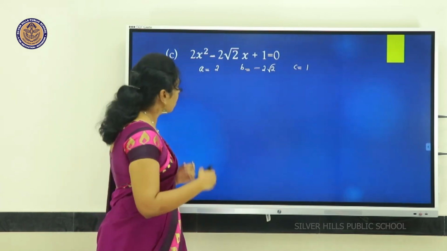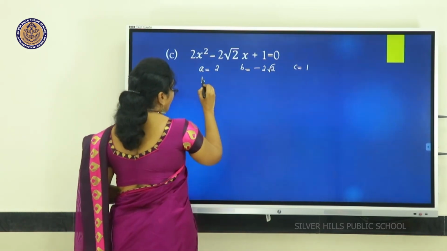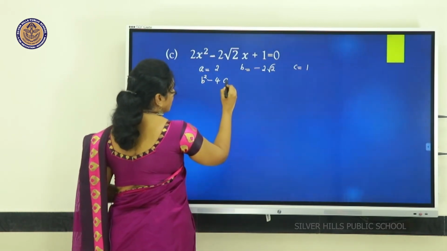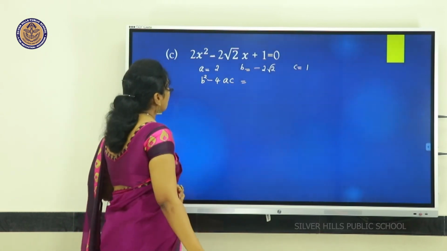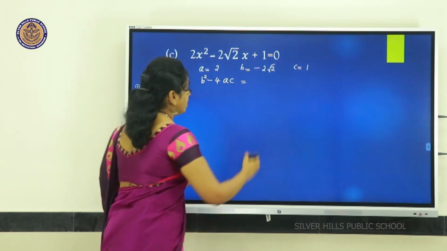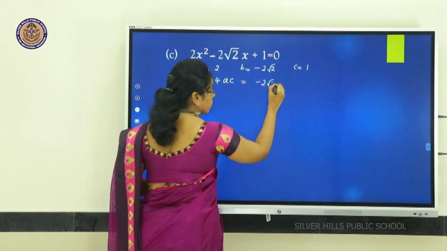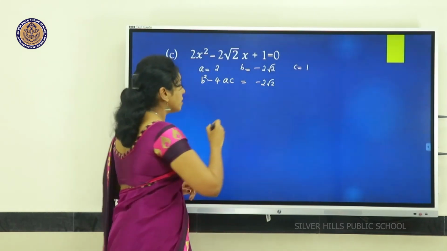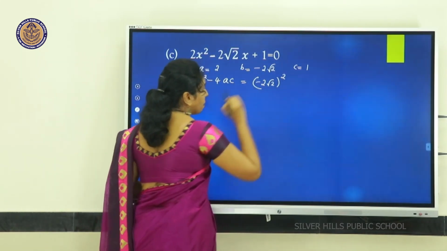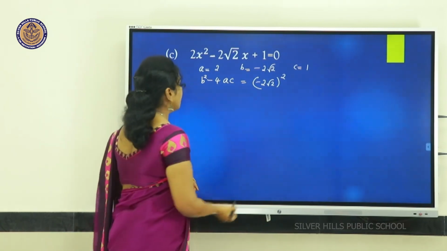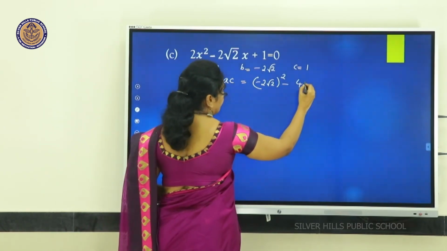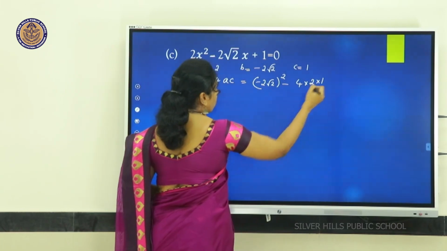And as we did before, we are going to find b square minus 4ac, that is equal to b square. See, I'll just write minus 2 root 2 because whenever root comes, you have a tendency to make mistakes. That's why minus 2 root 2 whole square minus 4 into 2 into 1.